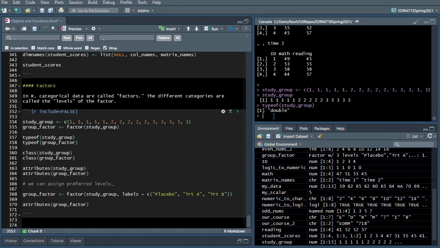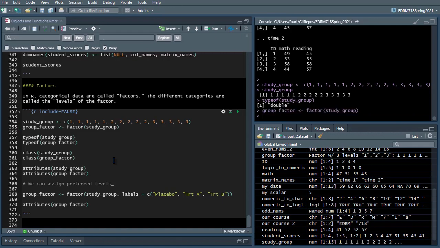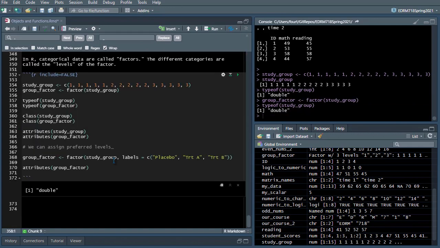So that's where the factor function comes in. The factor function will take that variable and tell R these should not be considered numbers, they should be levels of the variable. So I'm going to go ahead and apply that. When I look at the type of the study group, as we already saw, it is double.